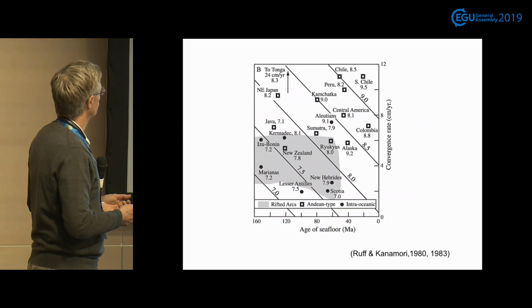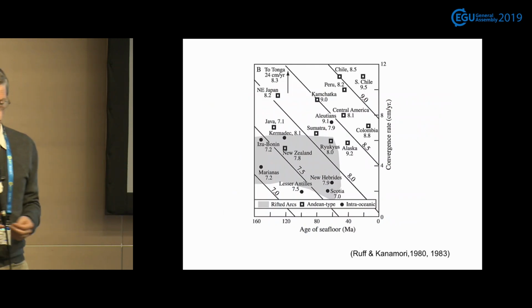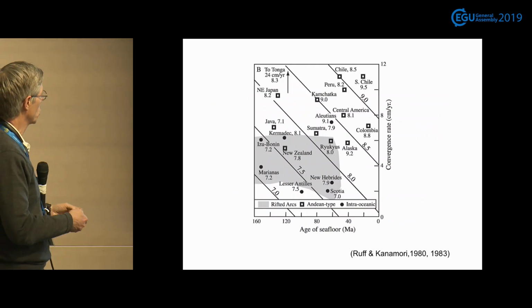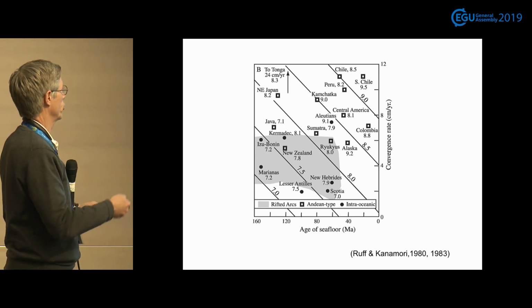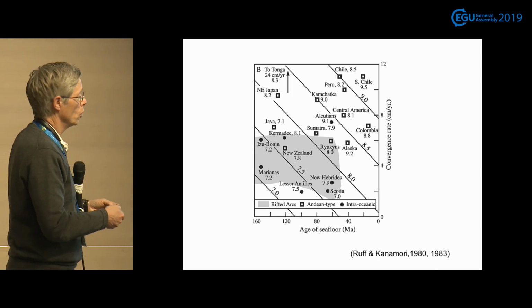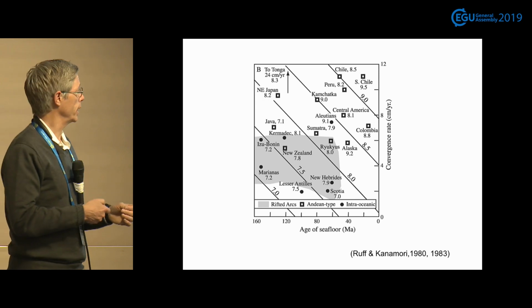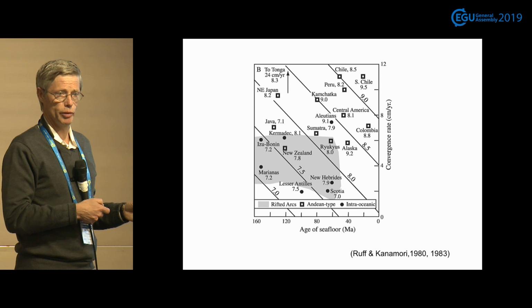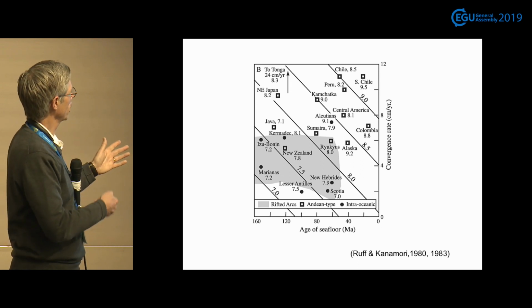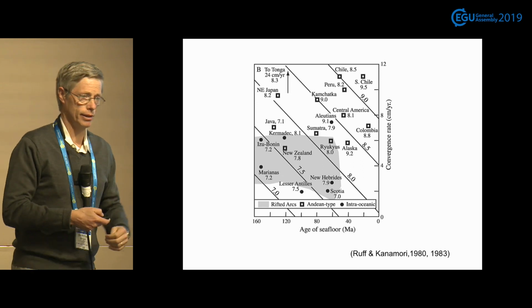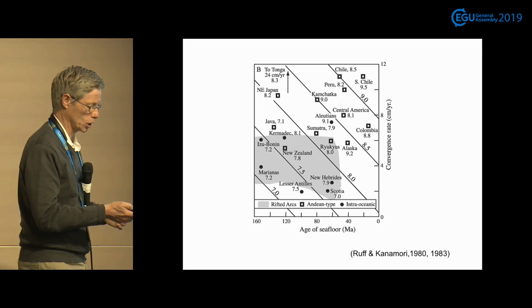And so early on, Larry Ruff and Hiroo Kanamori proposed that there would be a correlation between the age of the seafloor and the convergence rate: the younger the seafloor and the faster the rate, the larger the earthquakes would be. Based on the data we had in the 80s, it looked like that was working quite well.